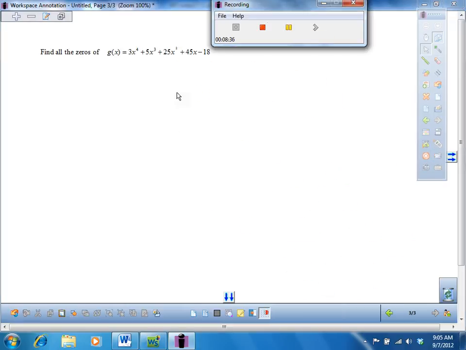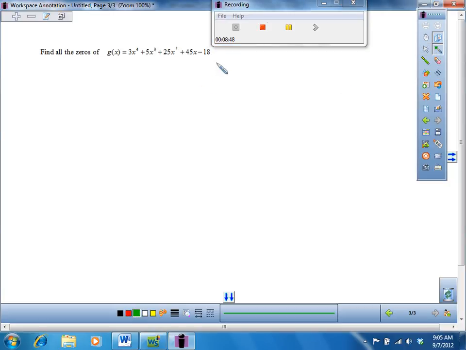So if you see something like this, like a 4th degree, where it says find all the zeros, what they want you to do, in the book, is first find all the possible p's and q's. So this is a lot, right?